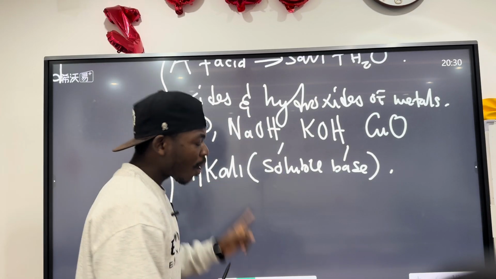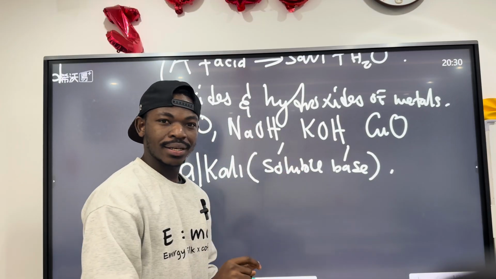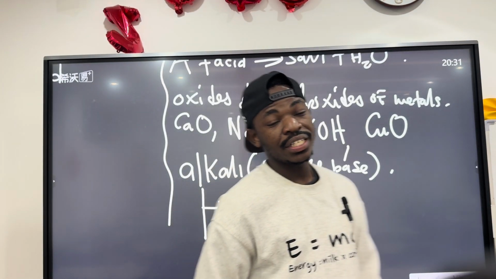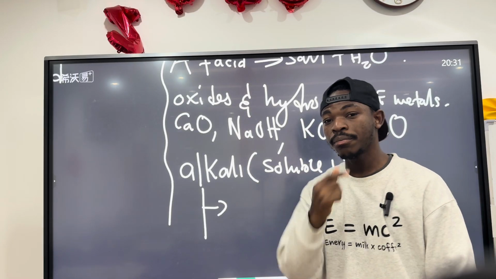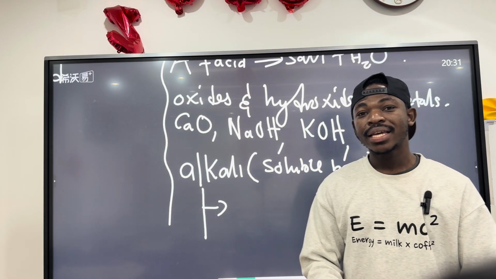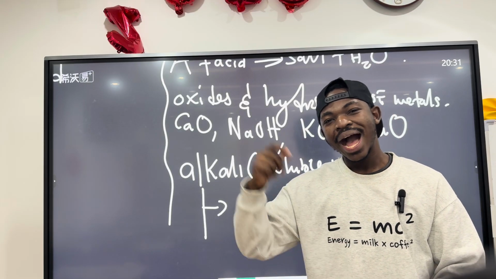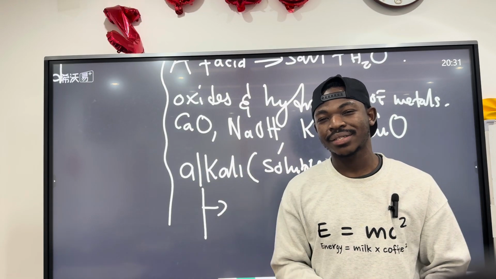Now, an alkali is a soluble base. So what's an alkali? It's a soluble base, but I want to have a clear definition. Because it is soluble, this alkali can dissolve in water to produce what we call hydroxide ions.